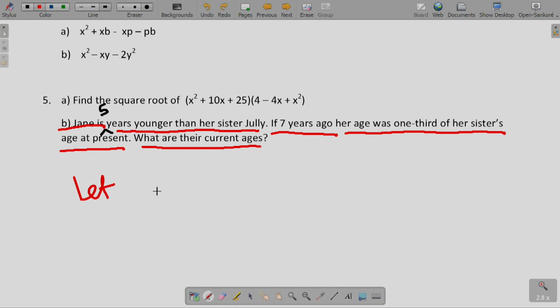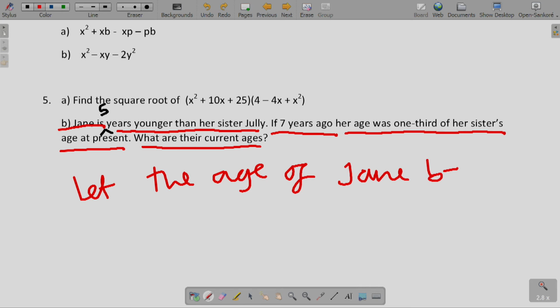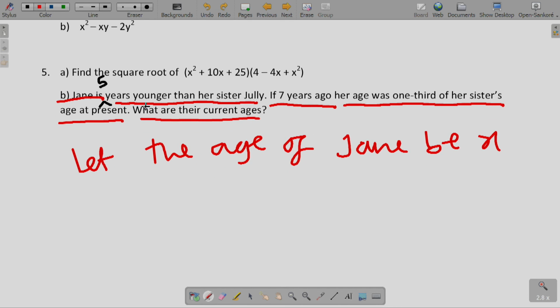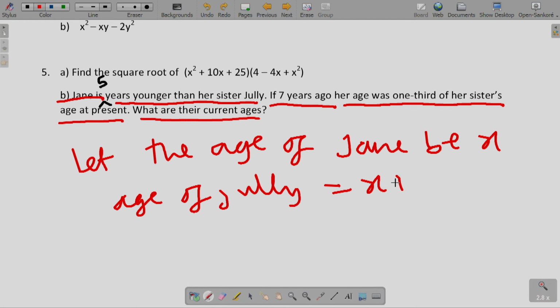Let the age of Jane be x, but Jane is 5 years younger than her sister, so the age of Julie will be equal to x plus 5.